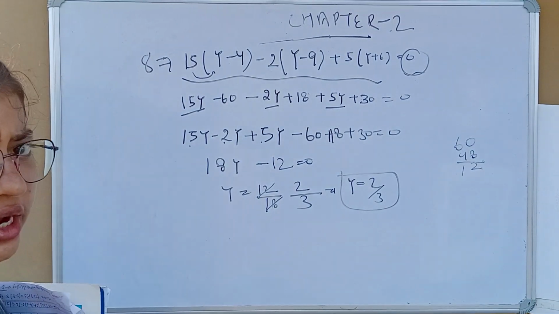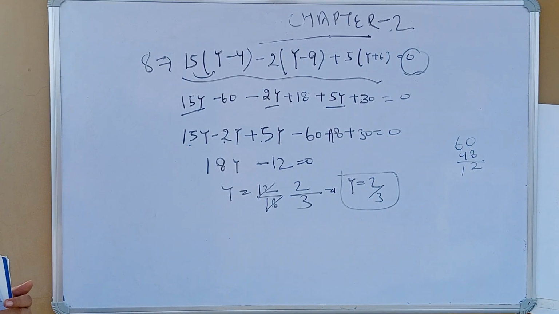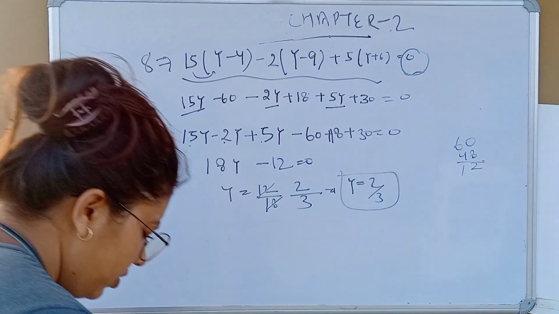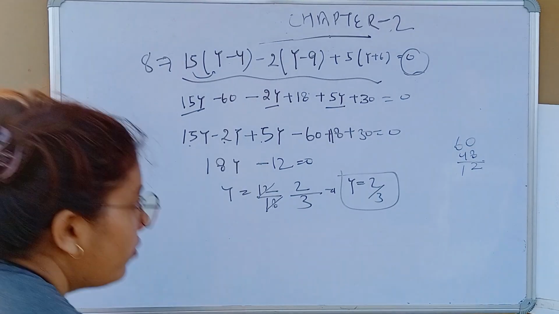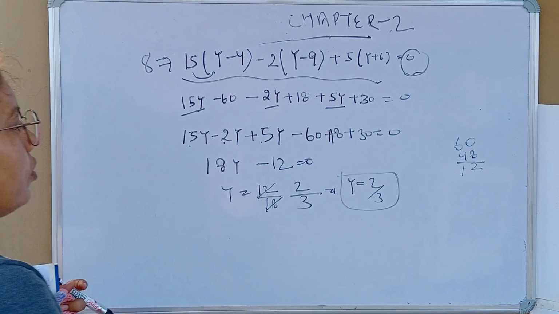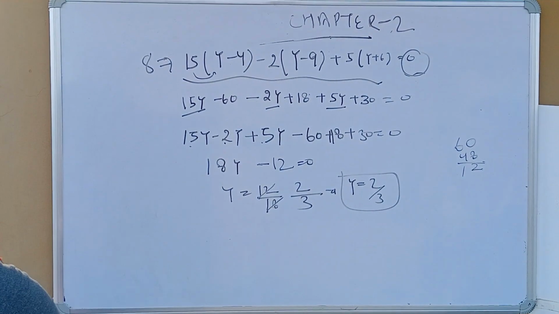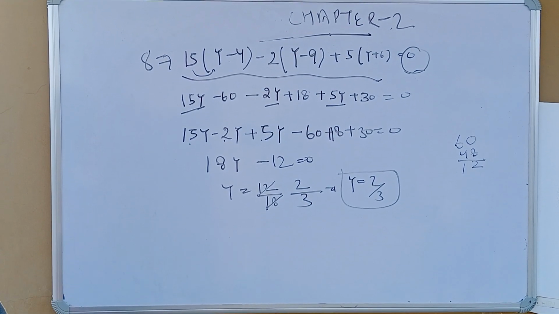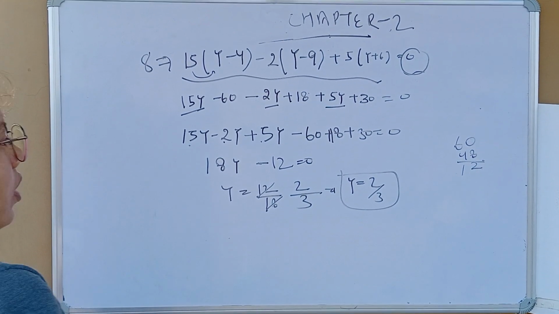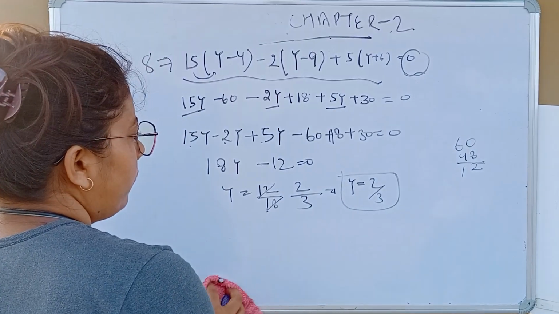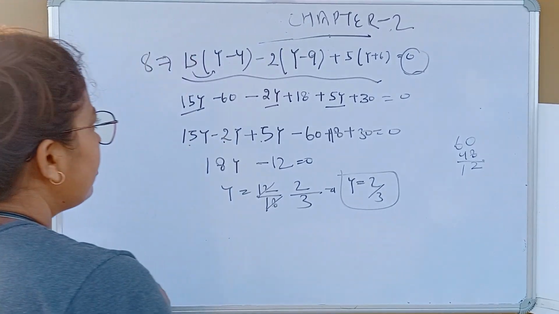Now what we do? Check whether LHS is equal to RHS or not. So what we do? Simply put the value of y. So write in your copy first.